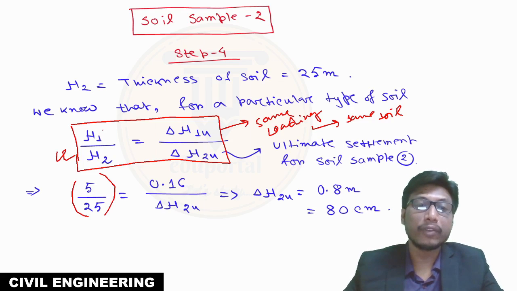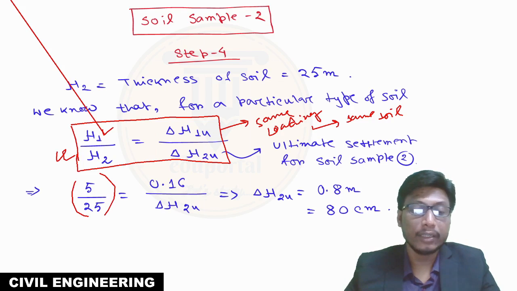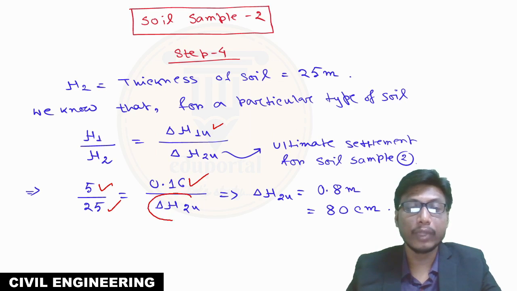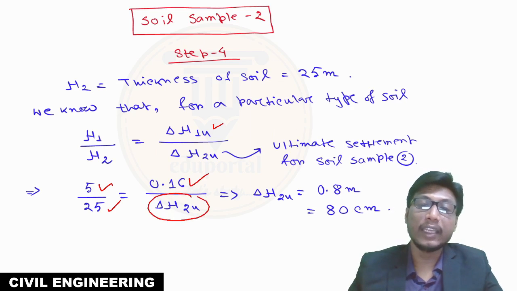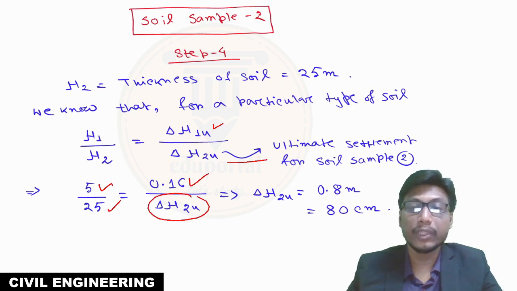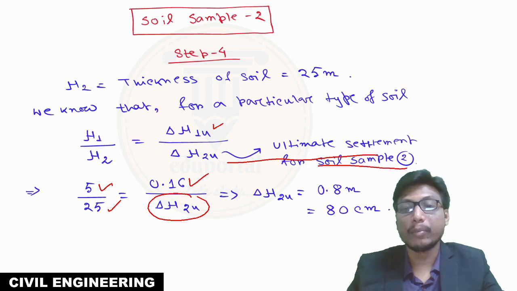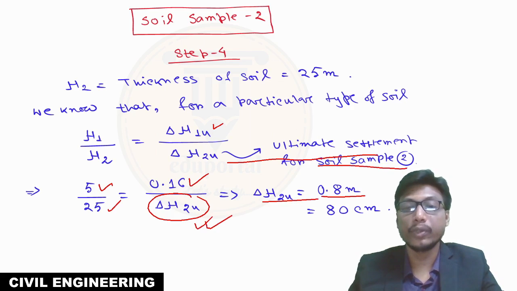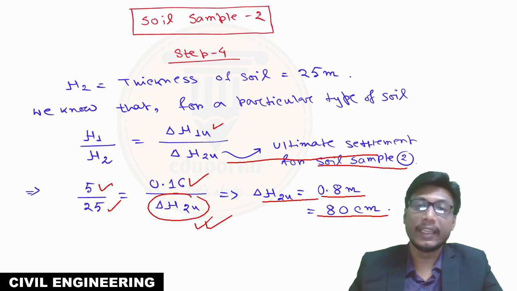Here we know the thickness of sample number 1 is 5 meter, thickness of sample number 2 is 25 meter, and the del H1U that we have determined is equal to 0.16. And del H2U, that is the ultimate settlement for soil sample 2, from this equation has been found to be 0.8 meter, that is 80 centimeter.